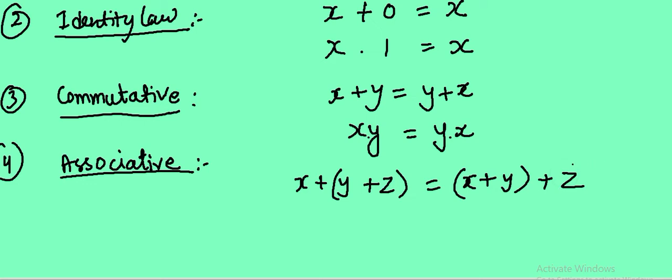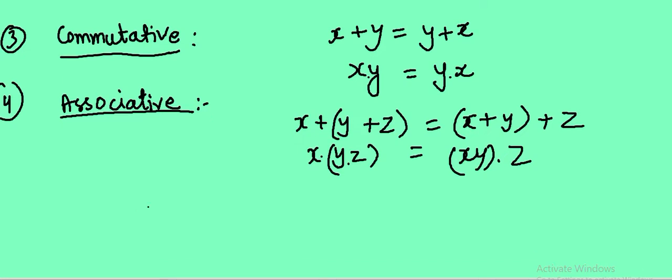The same is the case with the dot or AND operator: if I group y z first and then x, it will be the same, x y z. The dot is hidden; if they don't use the dot, it is obviously a dot.